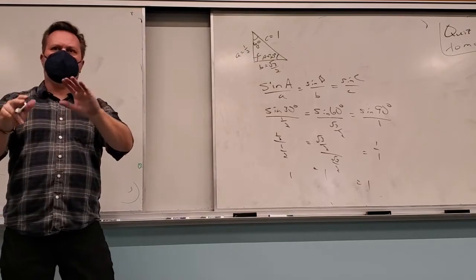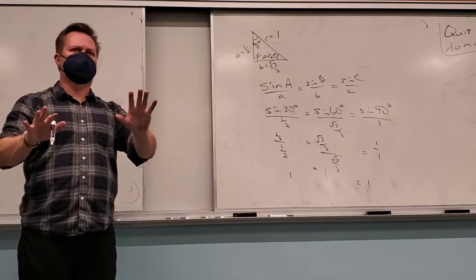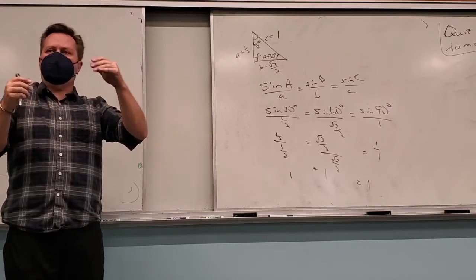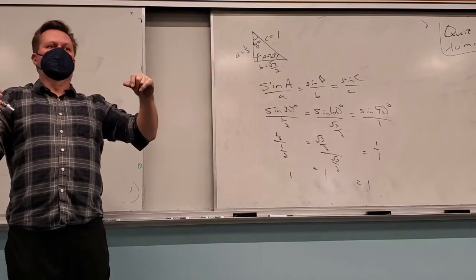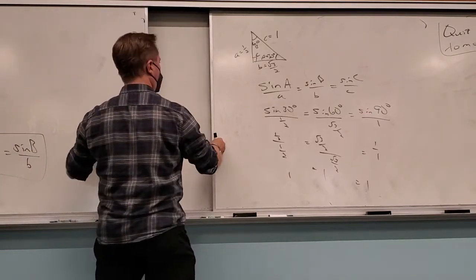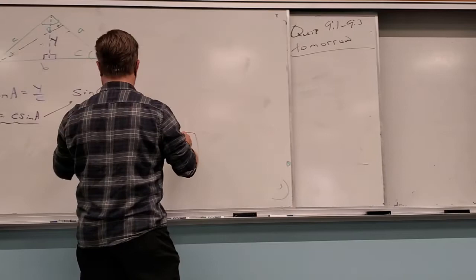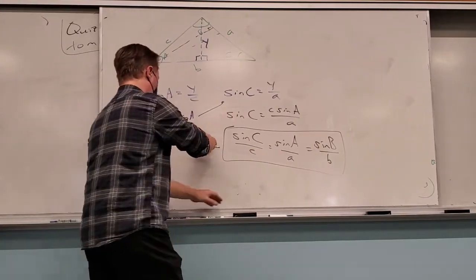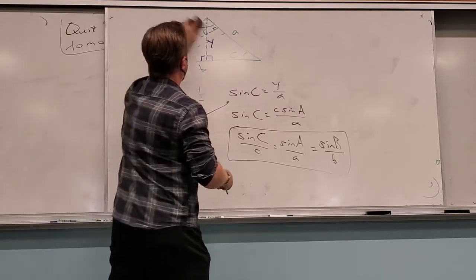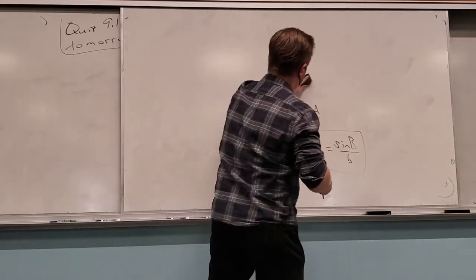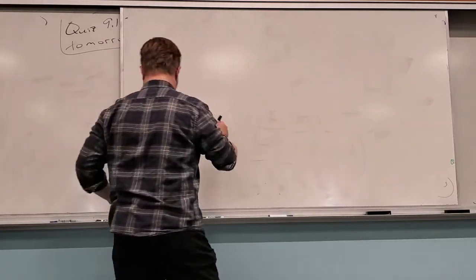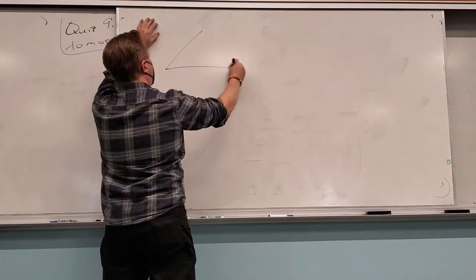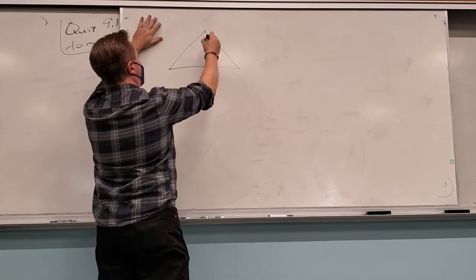So let me show you the full power of this. If I have something that's not a right triangle, before today we would say trig doesn't work. Well, now we know better. So here's just some general triangle.